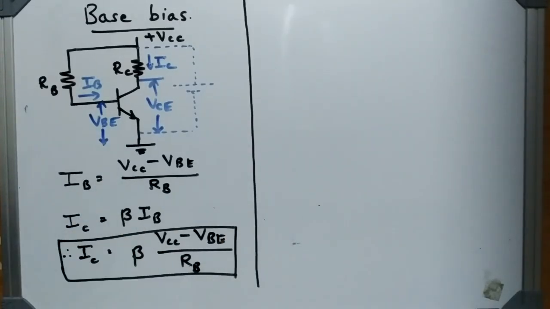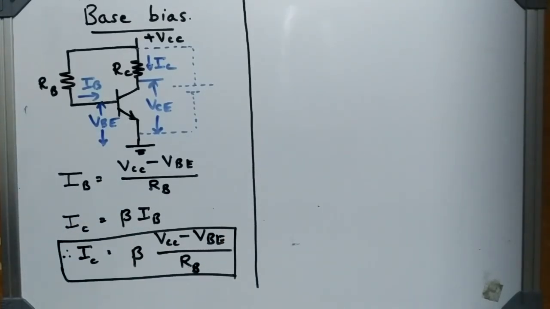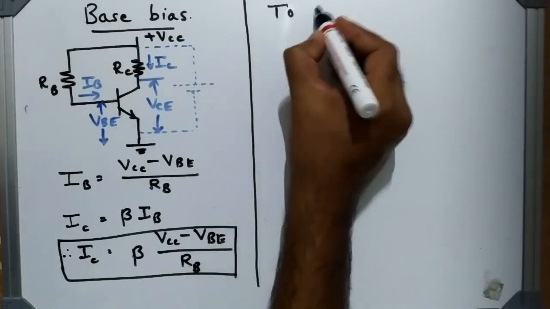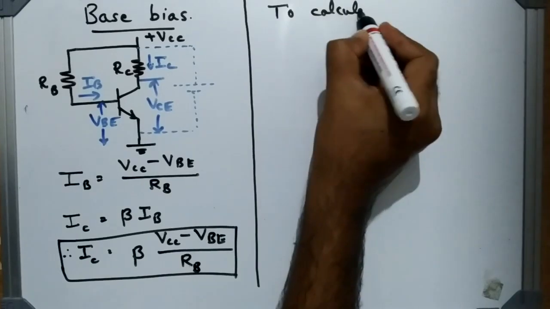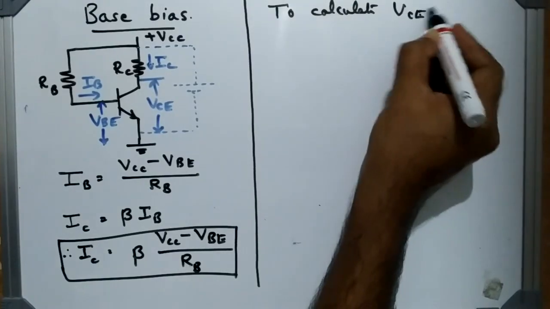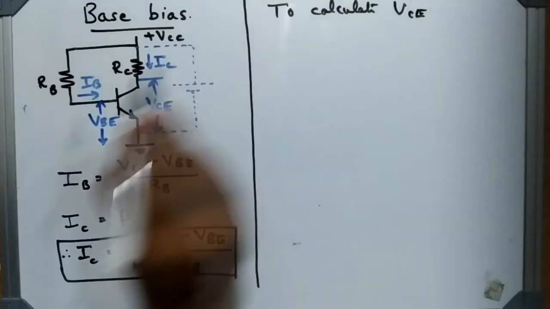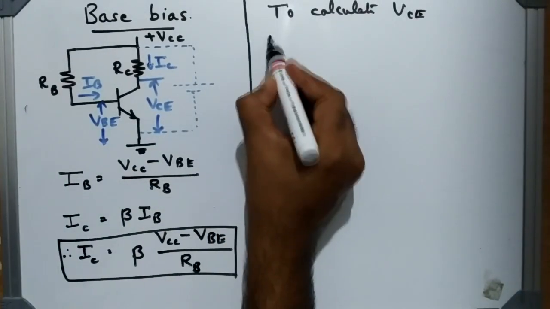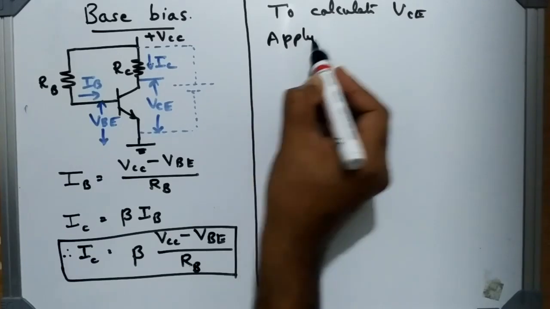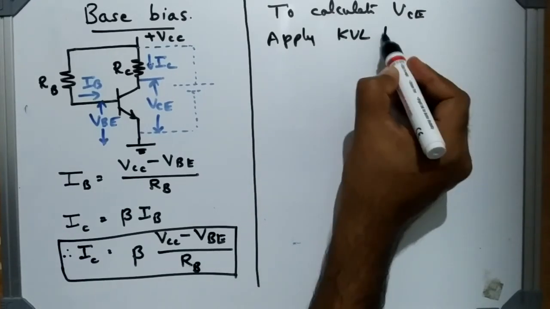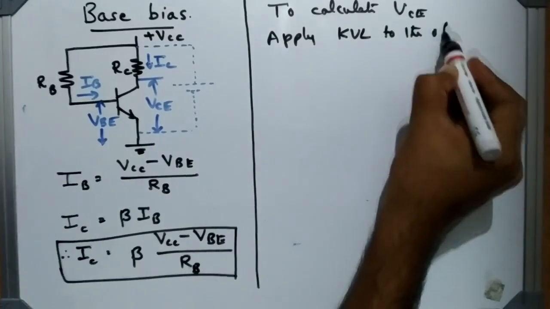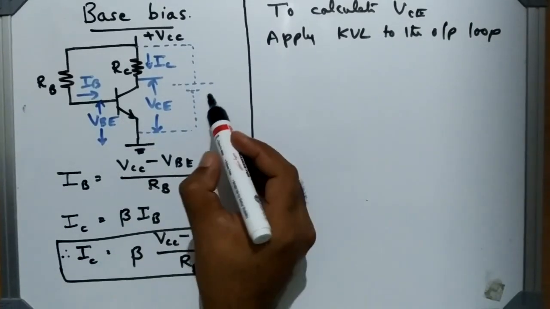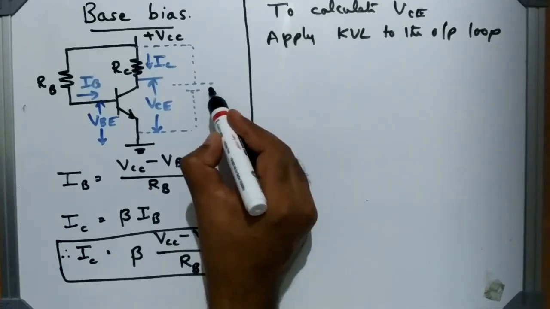Next objective is to calculate the output voltage, that is VCE. To calculate the output voltage, apply KVL to the output loop. Apply KVL. So this is VCC, actually.